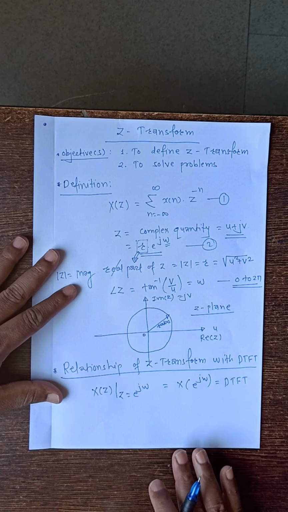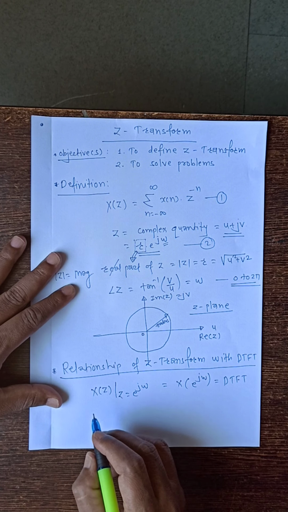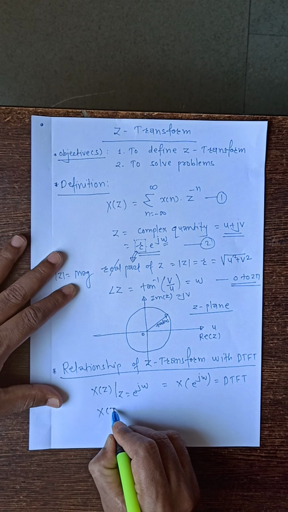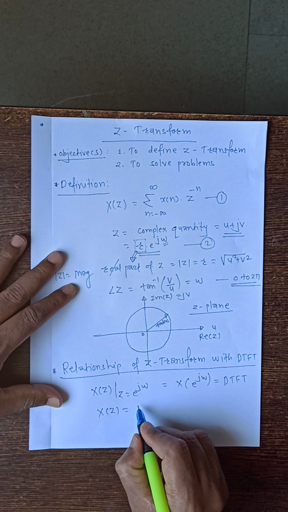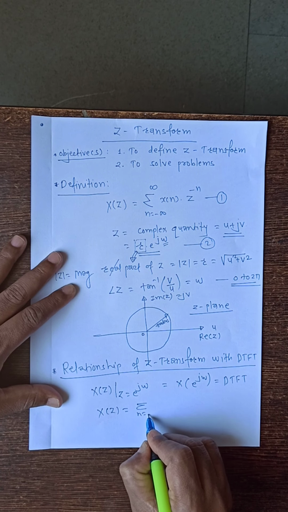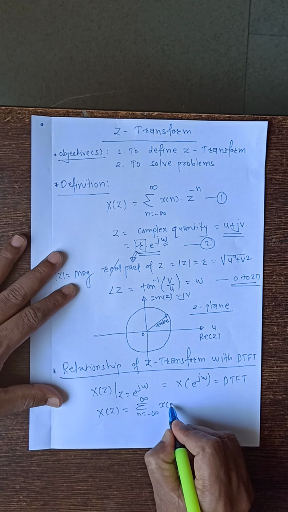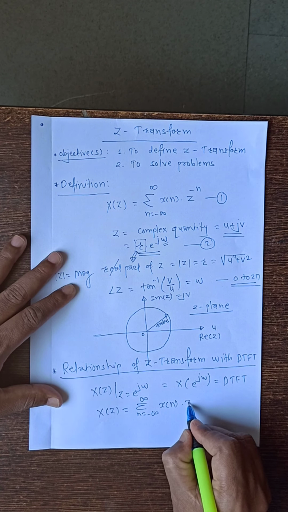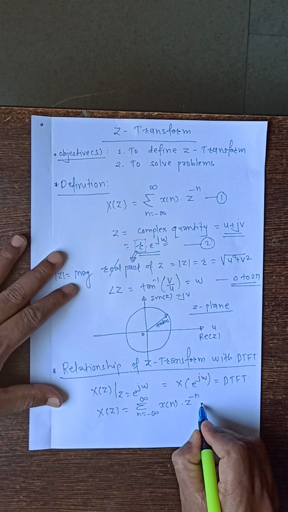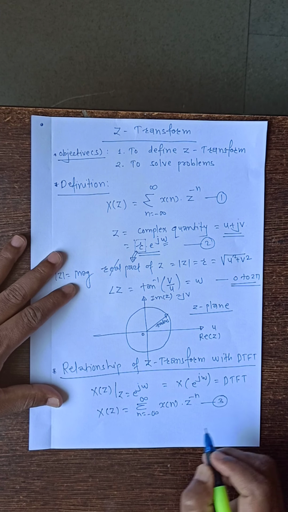Now let me rewrite equation number 1. X(z), that is the z transform, equals summation n equals minus infinity to plus infinity x[n], that is the DT signal, times z raised to minus n, let it be equation number 3.